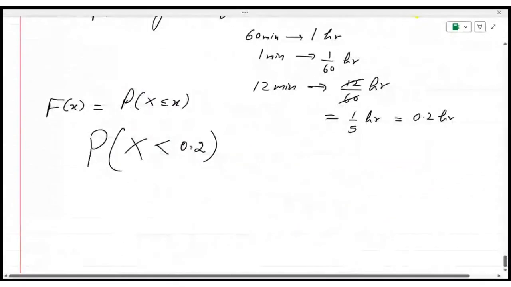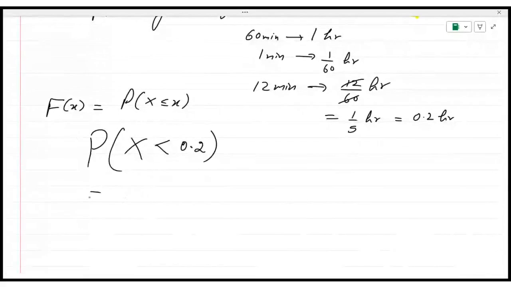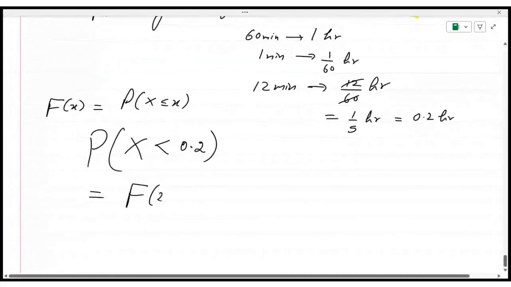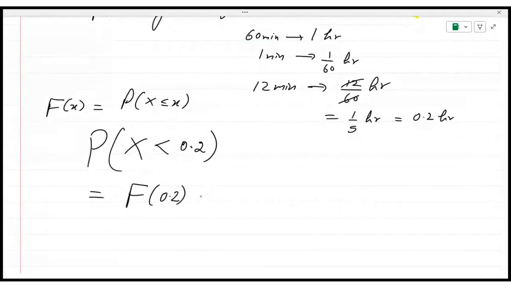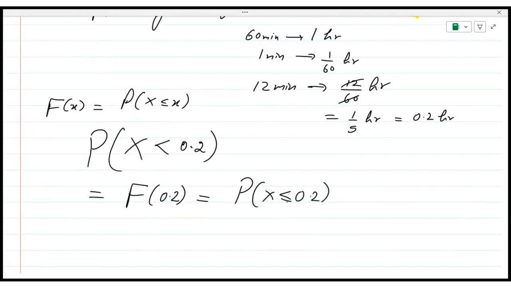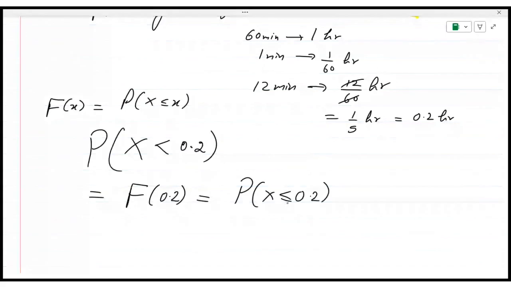Now you have to find the chance that X is less than 0.2, which is F of 0.2. F of 0.2 means the probability that X is less than or equal to 0.2. But as I have told you, in the case of continuous variables, whether you include the single point or not, both are the same thing.